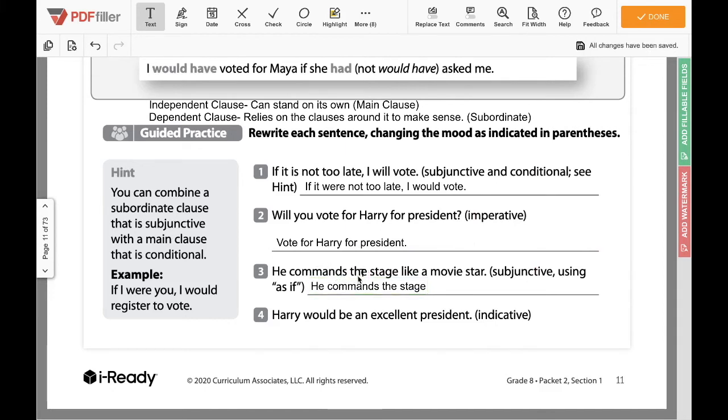In what way does he command the stage? Like a movie star. He commands the stage like a movie star. So instead of like, we use as if. And would it make sense if we said as if a movie star? No. It would be as if he were a movie star.